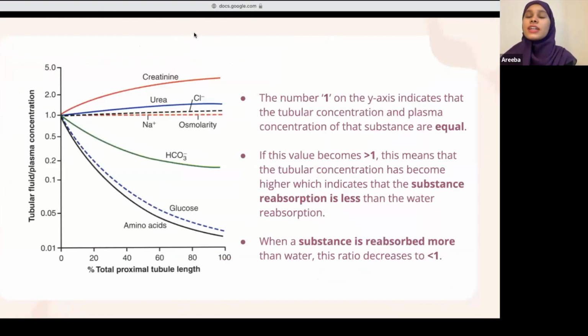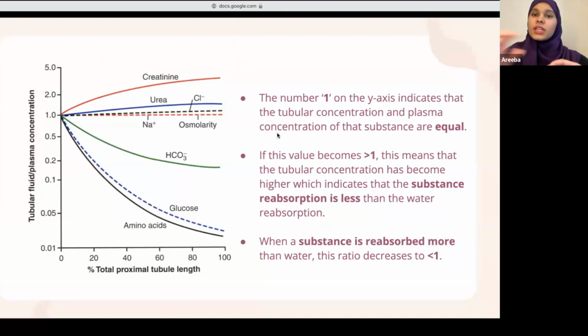Okay, so to understand it, let's look at the graph first. So we have the ratio on the y-axis, right? What does one mean? One means that the tubular fluid concentration of that substance and the plasma concentration is the same. So if it stays as 1 throughout the proximal tubule, it is not being reabsorbed more than the water.